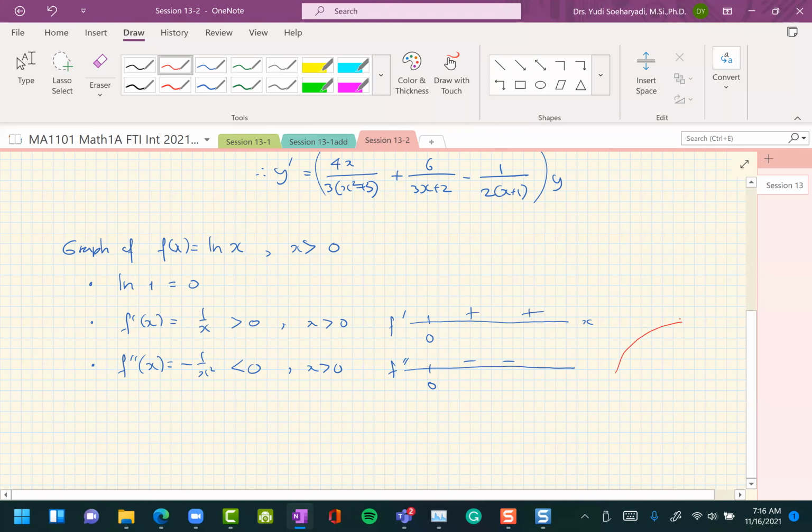And there are quite a few things to do in the exercise problem that I just mentioned here.